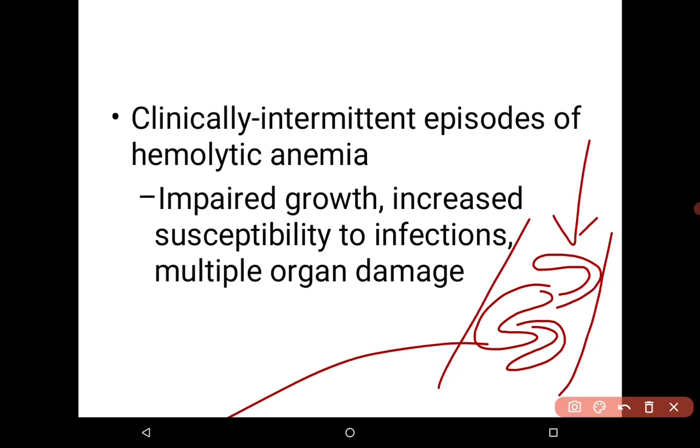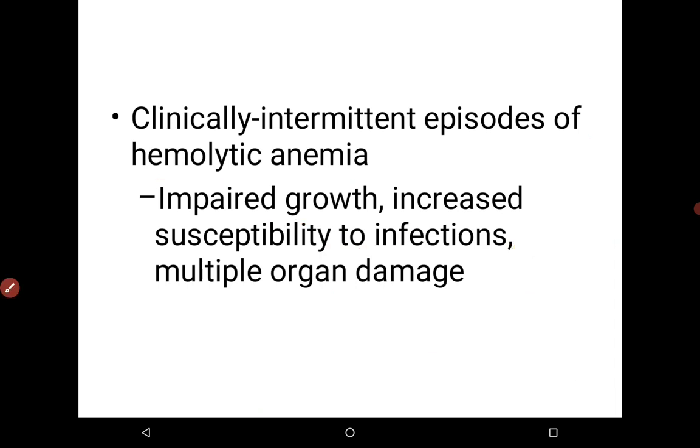Blood won't be able to flow. The same red blood cells are also prone to damage, so it causes hemolytic anemia where there's excessive destruction of red blood cells. This will cause impaired growth, increased susceptibility to infections, and multiple organ damage. That is sickle cell disease.